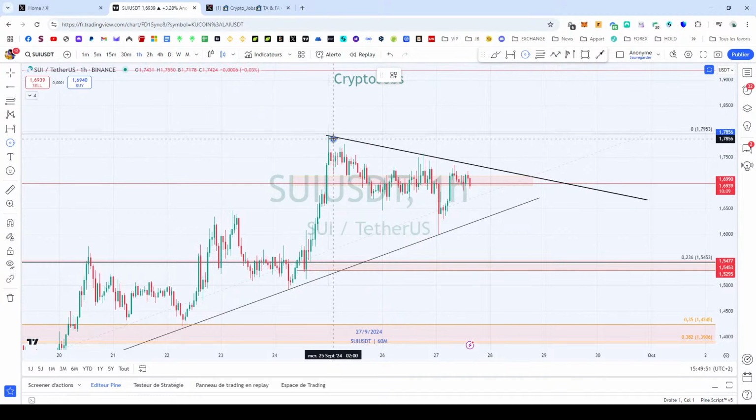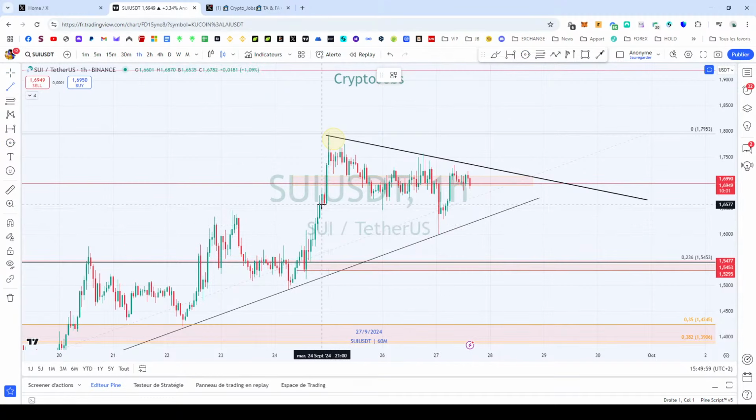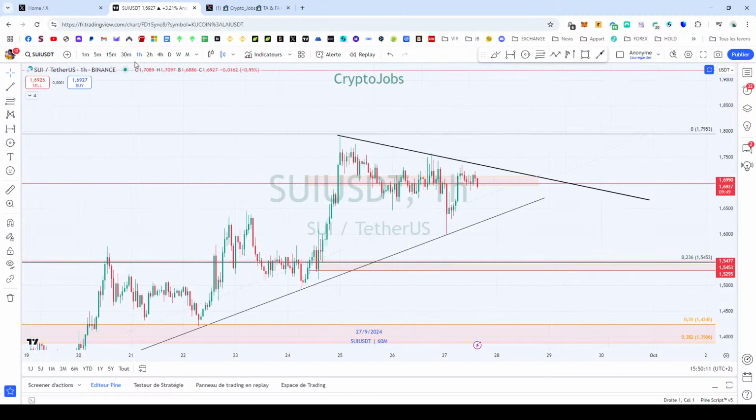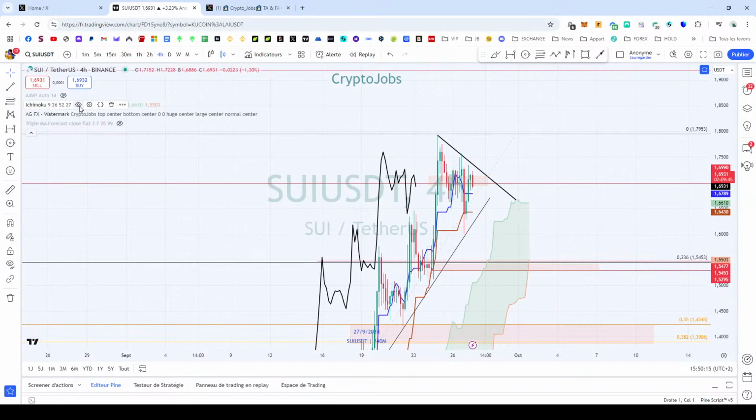But look at the wicks each time. This is not clean for me. I don't know why, but I have a bad feeling. Even if it's valid with the weekly, I don't think it will play out as a bullish pattern right there. Maybe I'm wrong. Something else can happen.